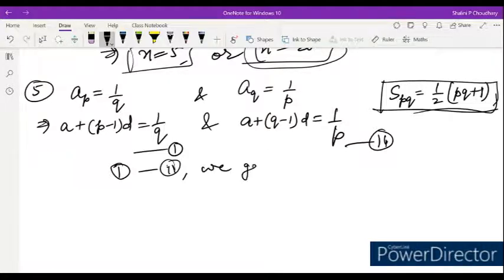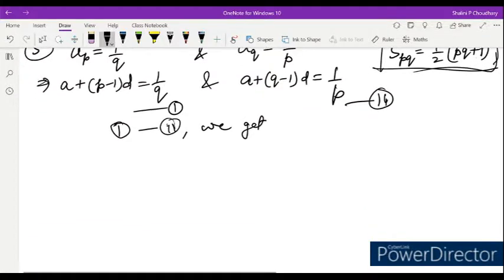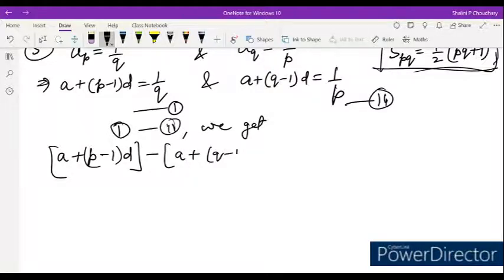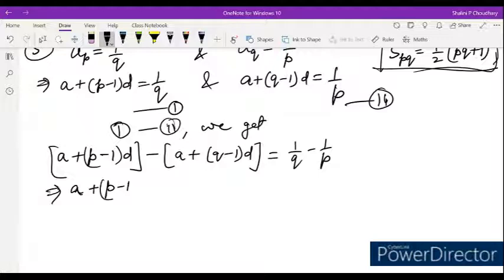We get A plus (P minus 1) into D minus (A plus (Q minus 1) into D) is equal to 1 upon Q minus 1 upon P. Okay, so we'll write here outside the bracket A plus (P minus 1) into D minus (A minus (Q minus 1) into D) is equal to 1 upon Q minus 1 upon P.